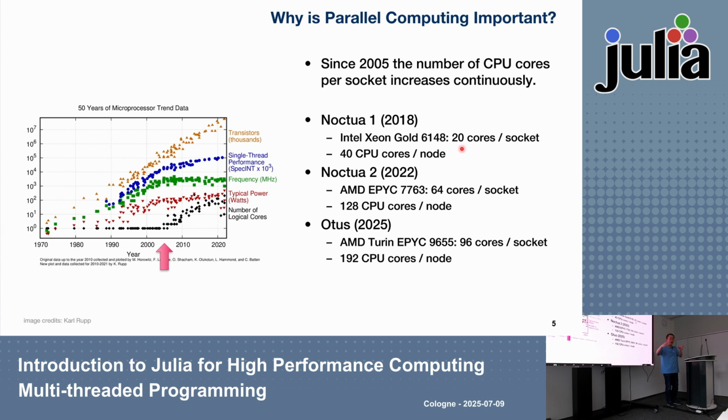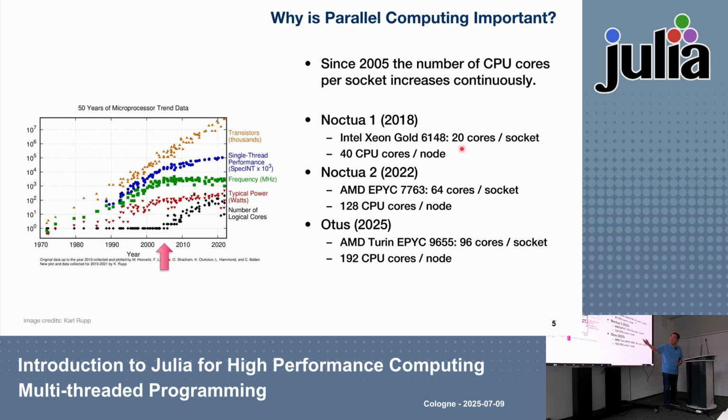So basically, one compute node, there are already 40 CPU cores you can utilize to parallelize your application. This sounds great, but a few years later, Noctua 2 was built, and for AMD CPU, it has 64 cores per socket.